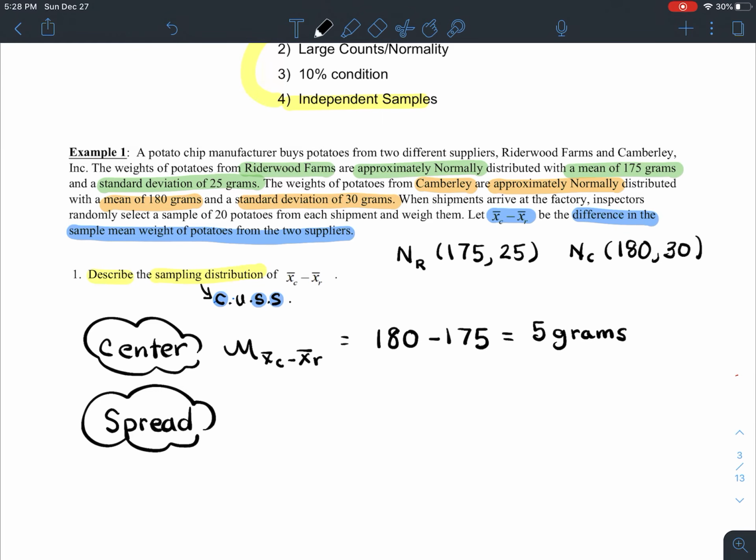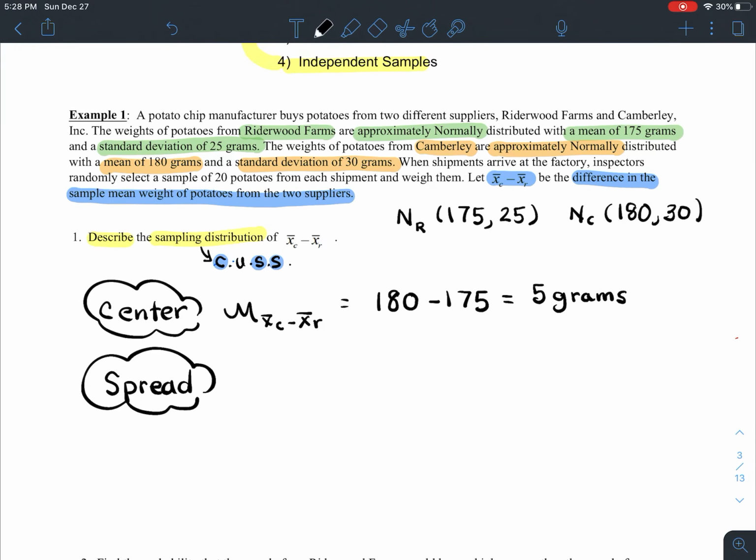Now for the spread. Before I actually use the formula, which is on the formula sheet, I need to make sure that I am satisfying the 10% condition. There are two samples being taken here. It does mention that they are randomly selecting a sample of 20 potatoes from each shipment, so I don't need to show this calculation twice.